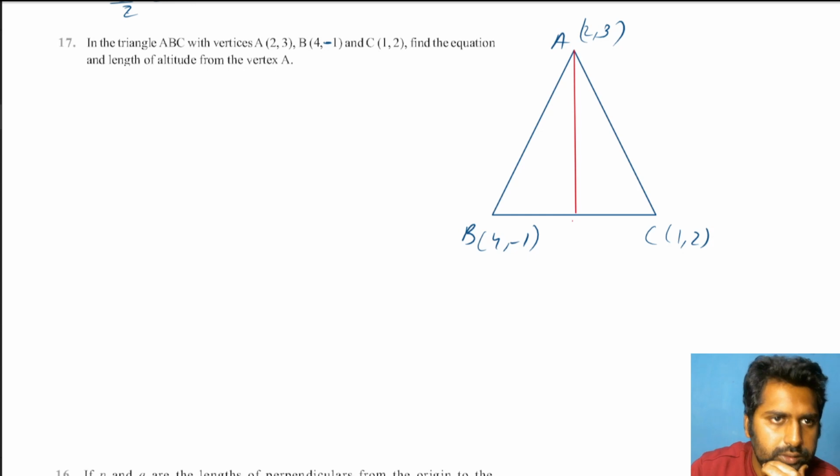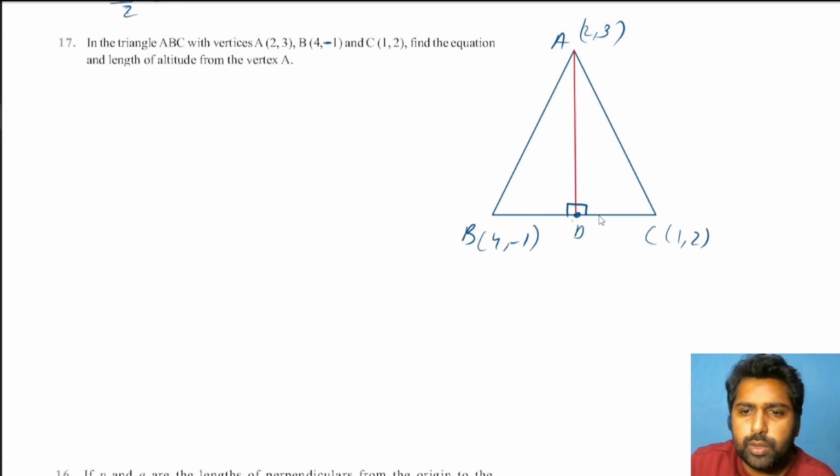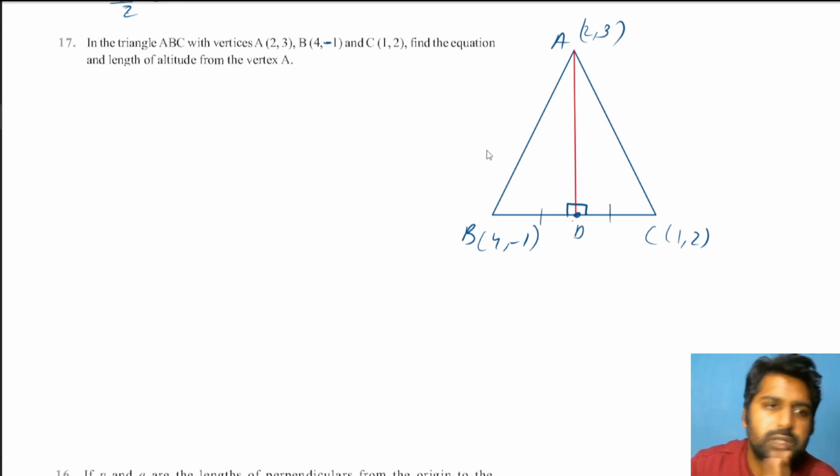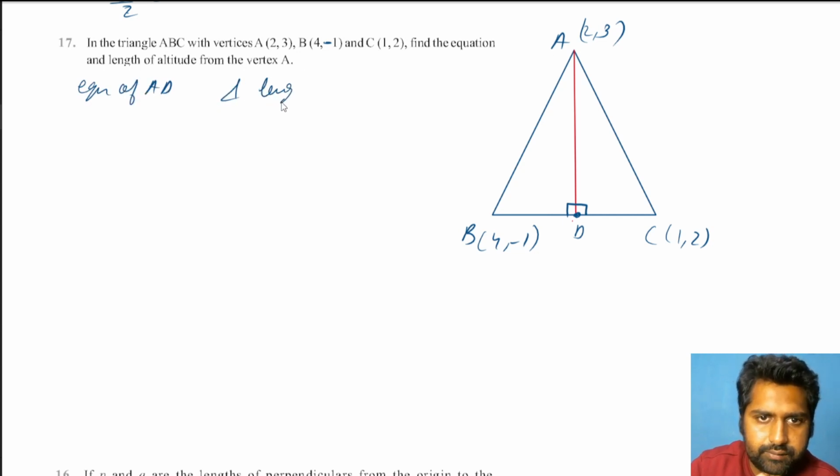This is the altitude, let's call it D. I have drawn the triangle like this, so it's looking very symmetric. You might think these two must be equal, but no, altitude means only 90 degrees. So we need the length of AD. We need two things: equation of AD that we can get, and length of AD.